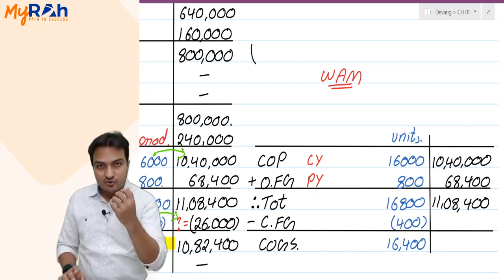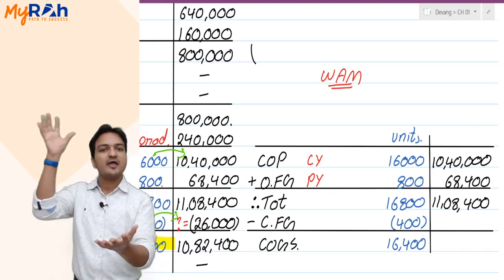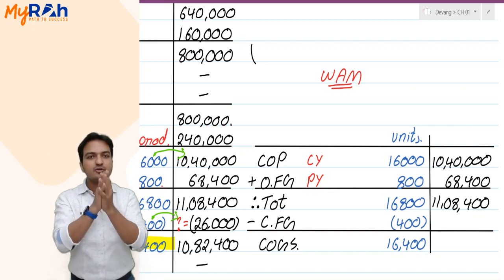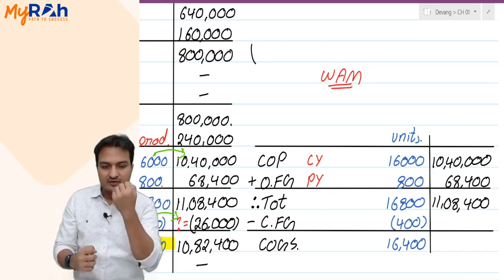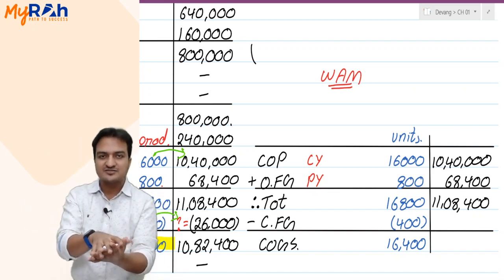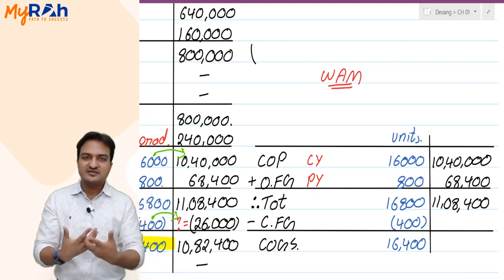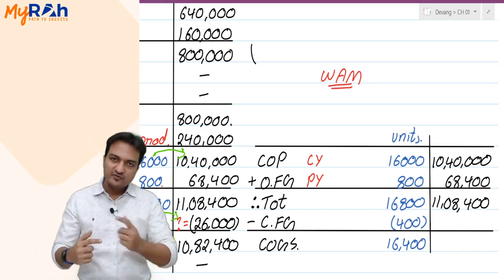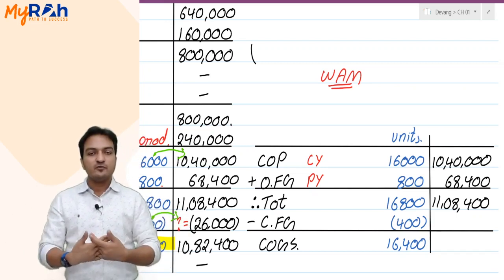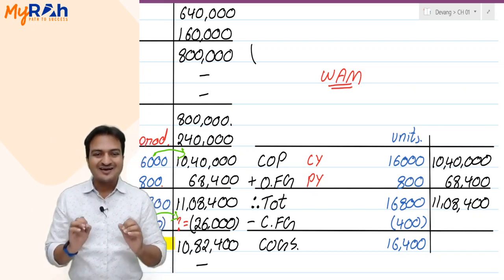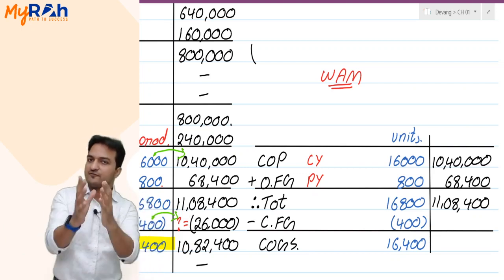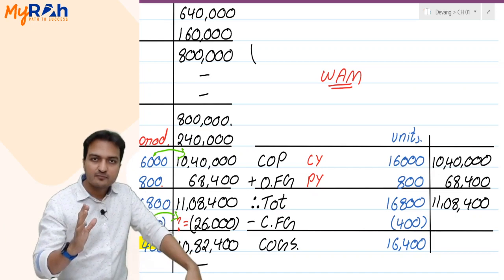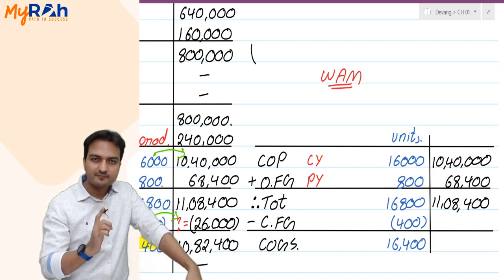You already had 2 liters of old petrol, you add 8 liters of new petrol, now there are 10 liters in total. Can your vehicle differentiate between the old 2 liters and the new 8 liters? No. It will get mixed up. The moment you add new petrol, it will be mixed with the old petrol, and when you drive, it will consume out of the mixture of 10 liters. This concept of mixture is my weighted average method.